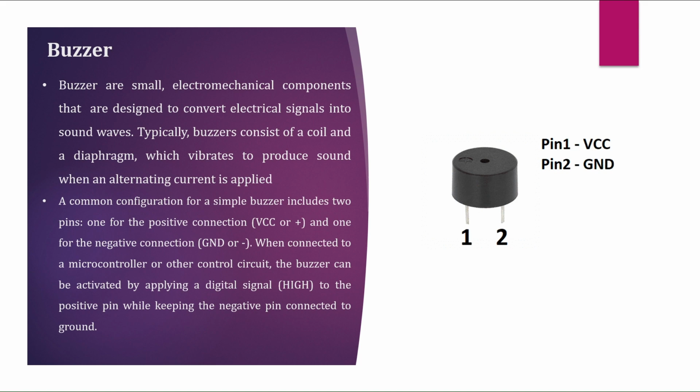The common configuration for a simple buzzer includes two pins, one for the positive connection, that is VCC, and one for the negative connection, ground. When connected to a microcontroller or other control circuit, the buzzer can be activated by applying a digital signal high to the positive pin while keeping the negative pin connected to ground.